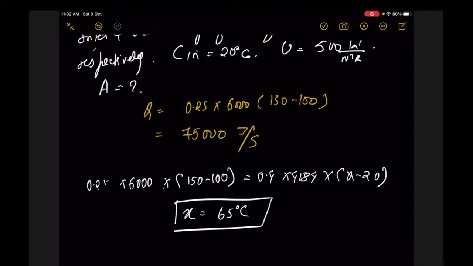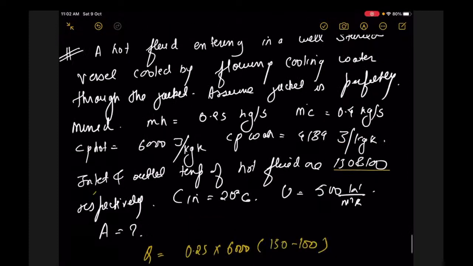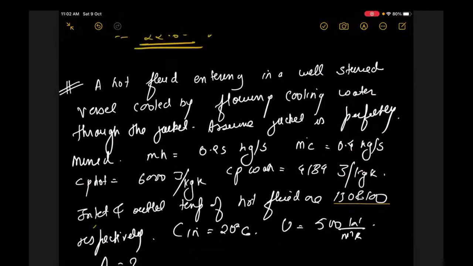Okay. So what is the meaning of this? And it is also clearly mentioned that the jacket is also perfectly mixed. Means mixing is done everywhere perfectly. Okay. So why mixing is done? Here everywhere the temperature is 65.